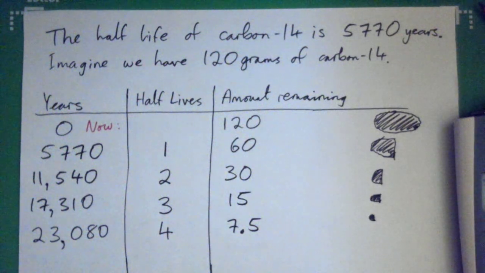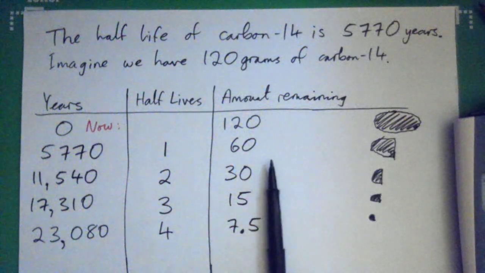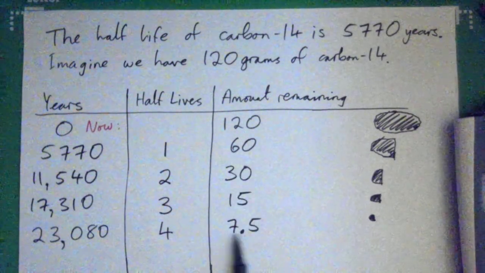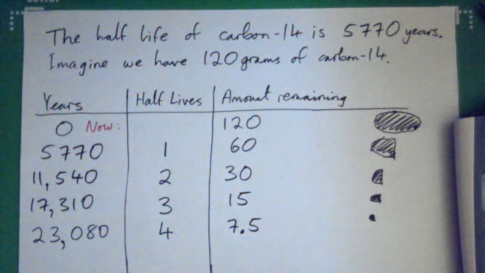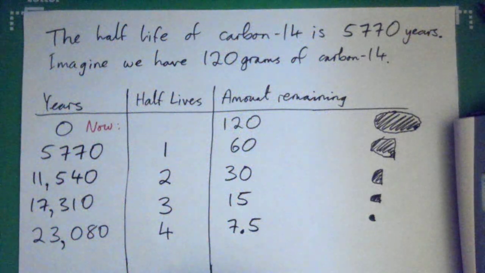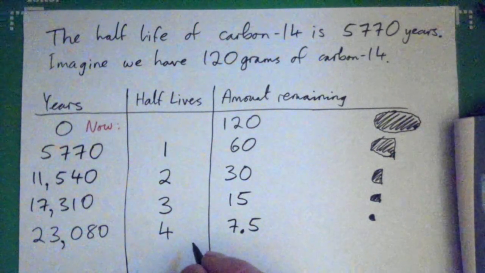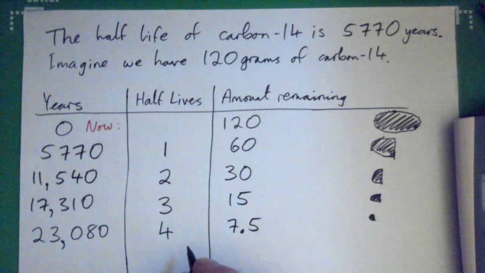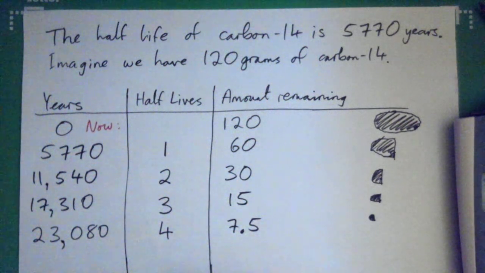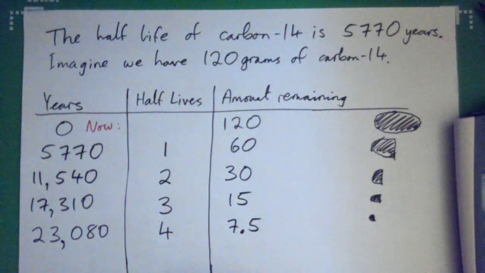So one way to come up with a kind of a formula to get these numbers, right? And if we said that T was the number of half-lives, so what will we have left after T half-lives?